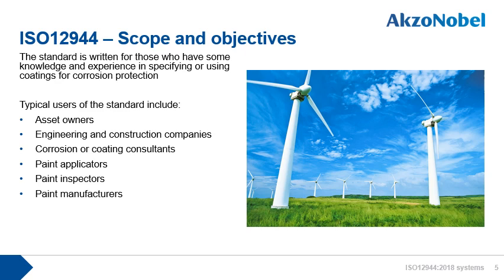The standard is meant to be used by those who have some familiarity with using or specifying coatings for corrosion protection. Typical users of the standard would be people working in asset owner organizations, such as facility managers, project engineers, or materials engineers.